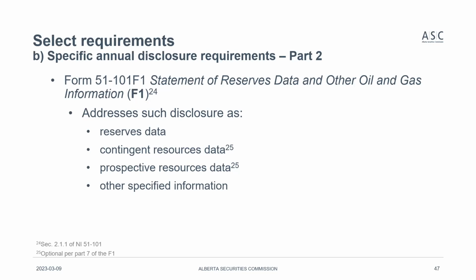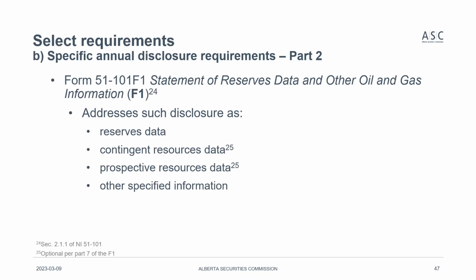But it also addresses other specified information, like drilling activity. It talks about properties where you don't have reserves assigned, and abandonment and reclamation can be disclosed. So it addresses a lot of widely disparate information.